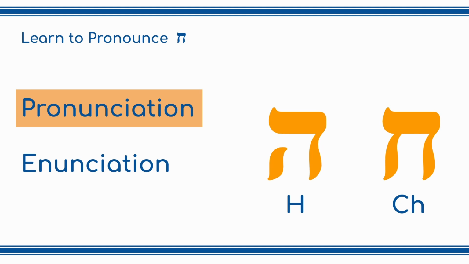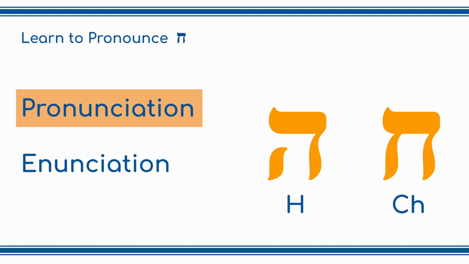In fact, the letter Chet, the sound of the letter, is considered softer than the letter Hey. And the letter Hey makes a hard sound, and the letter Chet makes a soft sound. Now, what do I mean by that? The letter Hey makes a hard sound because when I make the H sound, H, I cannot carry the H sound longer.